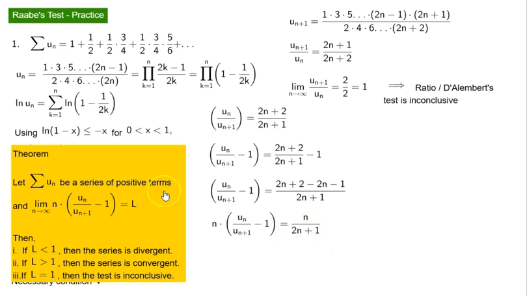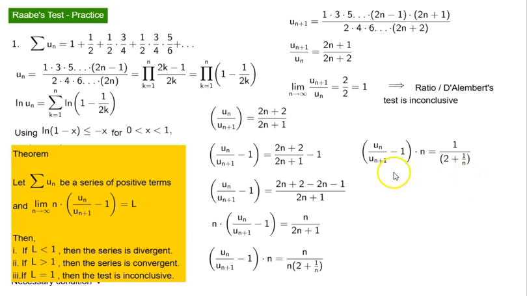In the denominator, we refine it a little bit further by taking n common out. So we have 2 plus 1 by n times n. N cancels out. Now we are in a position to take the limit. So when we take the limit, what happens is 1 by n goes to 0.